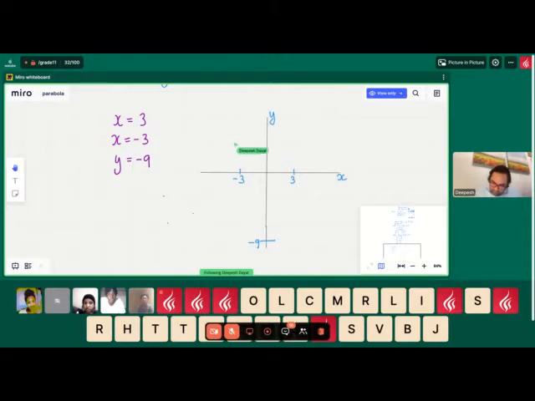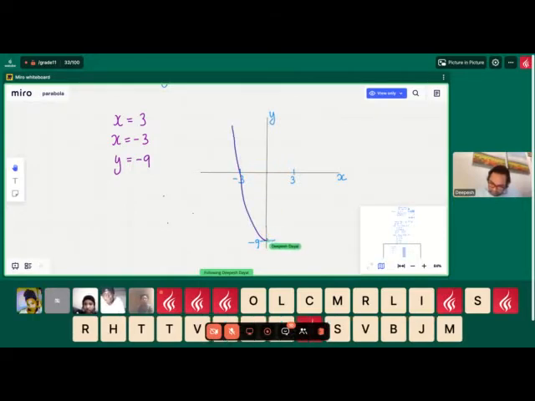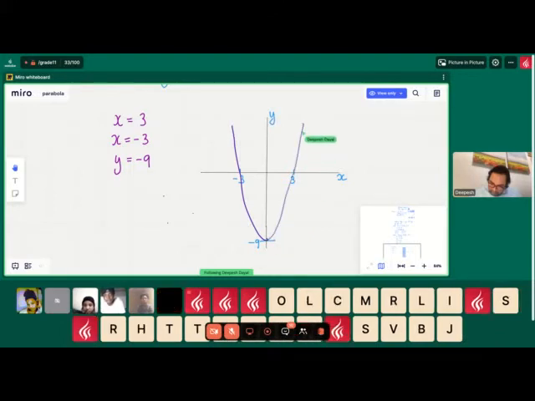So the graph like that. And we are going to turn it up like that. And there we go. We've got the graph of y equals x squared minus 9. Right, and we are asked the question, why is y equal to 0 at the x-intercept?